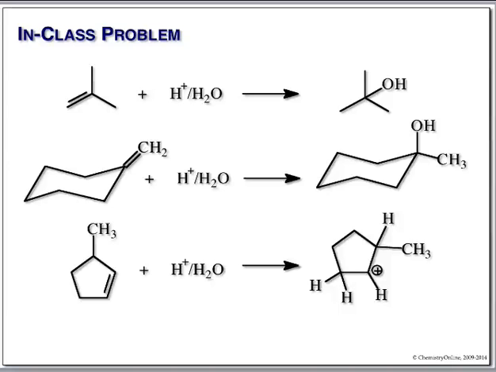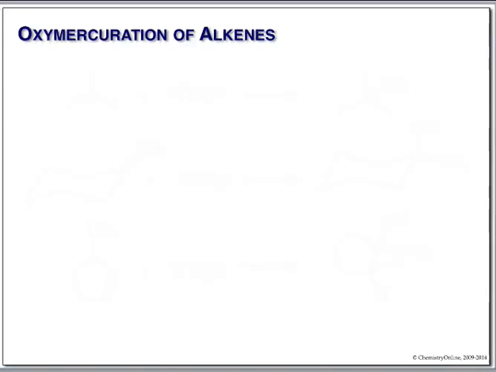Probably on the second hour exam, I will not put rearrangements, but we'll talk about them again more. So let's make sure that we understand that these things can happen. Okay? On the exam, do you want us to do those steps? I could probably ask you to draw the carbocation and the final product. Yeah.